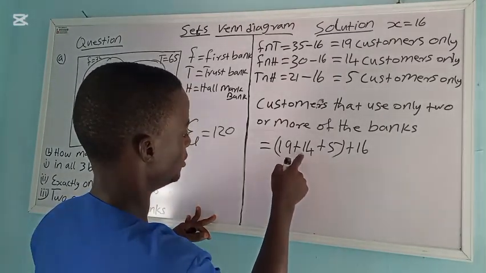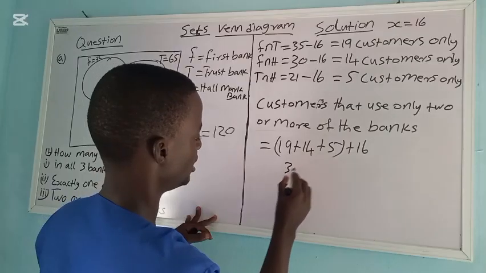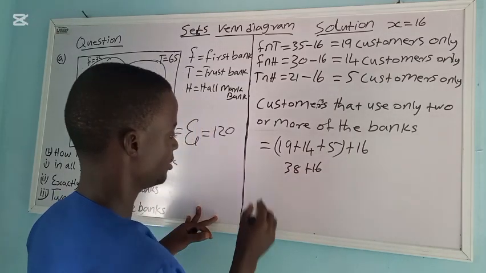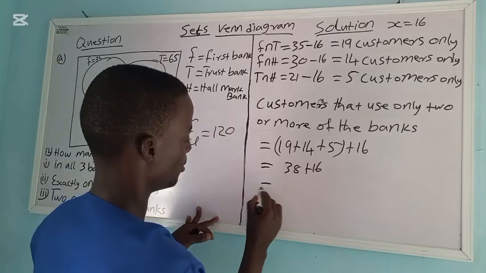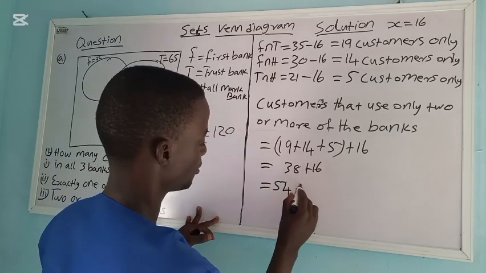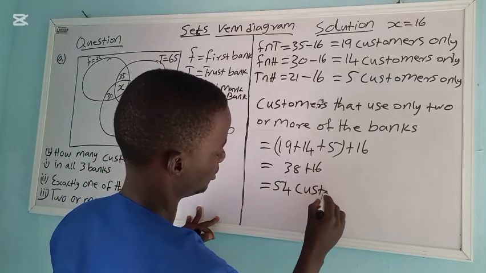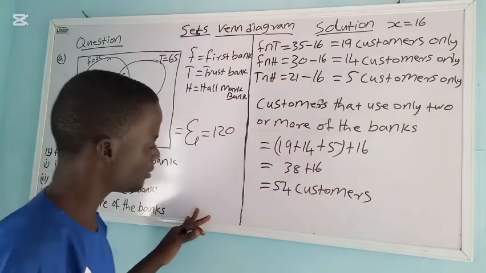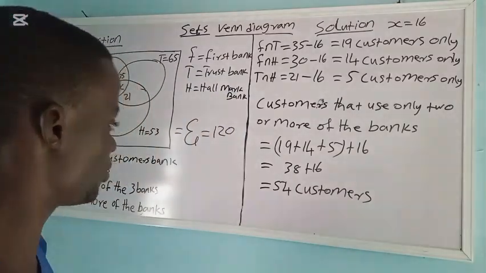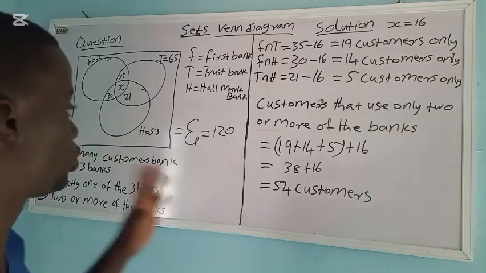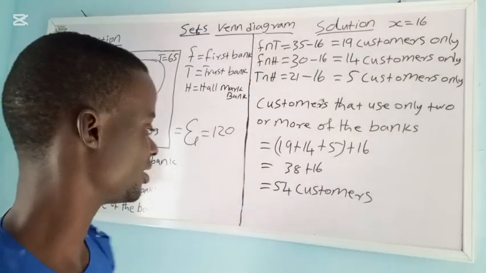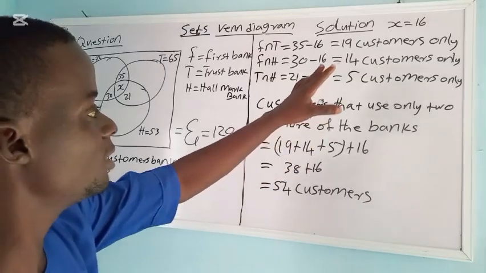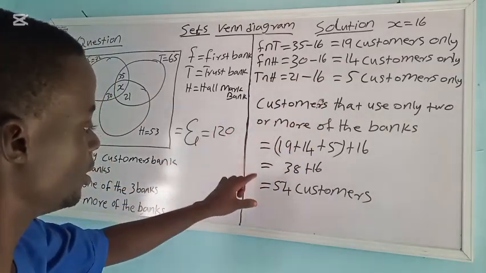So now this you have 30, is 38, plus 16, which will be what? 54 customers. So we have 54 customers that use two or more of the banks. So we have people that use only three and we have people that use only two.